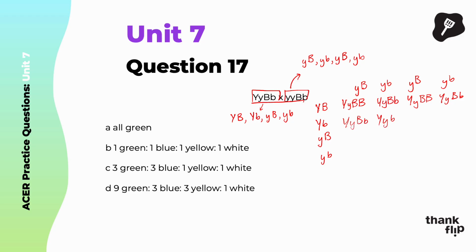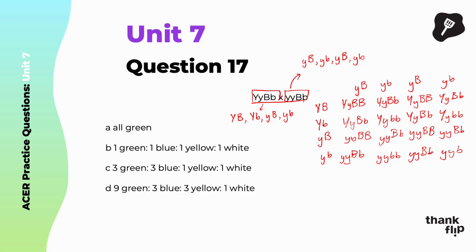This is a bit of a tedious process, but with practice, you can get faster at it. Lowercase y, B, B, you're just matching the rows and columns there. And then again, over here, you have lowercase y, capital B, and so on, and same here.